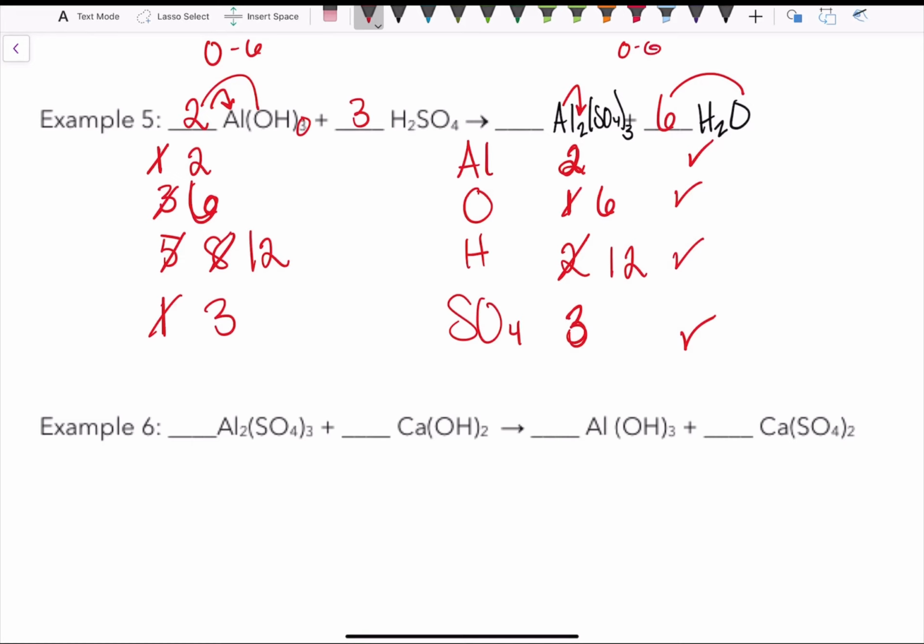Let's double check our hydrogen. 2 times 3 is 6 plus 6, so we have 12 on this side, and then we've got 12 over here for hydrogen. That hydrogen was part of the other hydrogen we already checked, so we check sulfate. We've got 3 and 3. It's perfect. So our equation is balanced, and the ratio of our coefficients goes 2, 3, 1, 6.